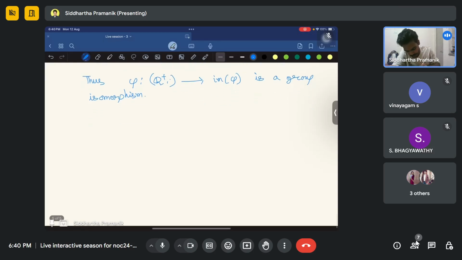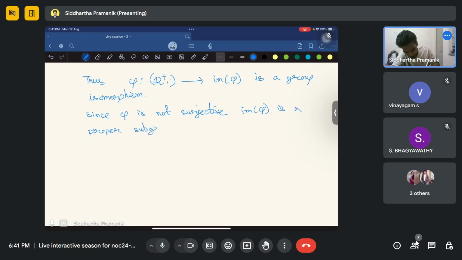So the fact is phi is not surjective. Since phi is not surjective, image phi is a proper subgroup of Q plus, comma, dot. So Q plus, comma, dot is isomorphic to a proper subgroup of itself.